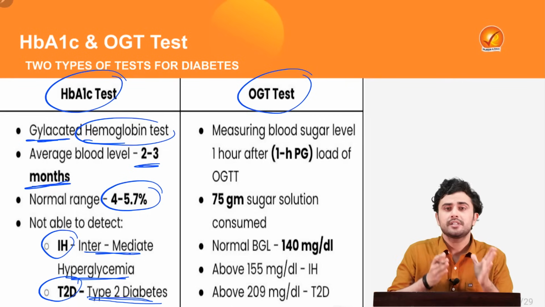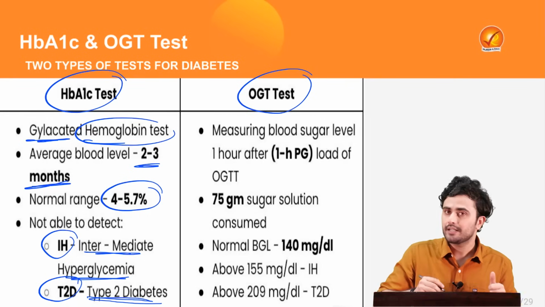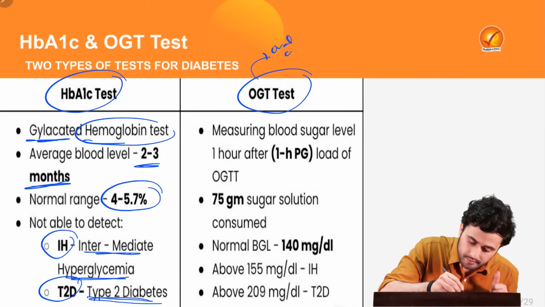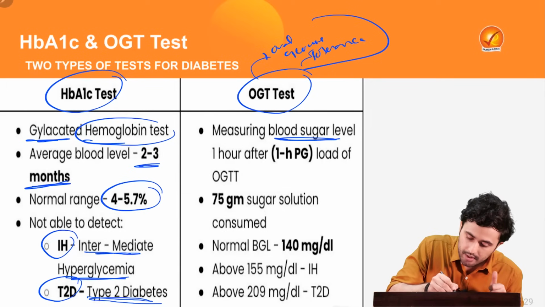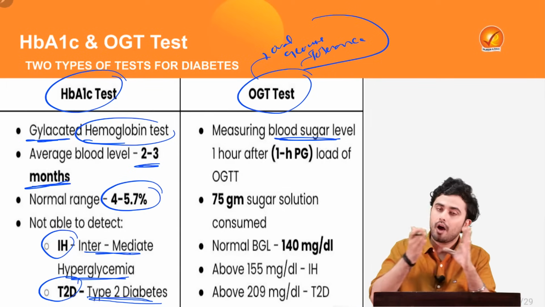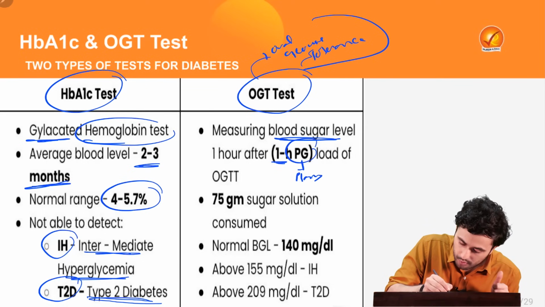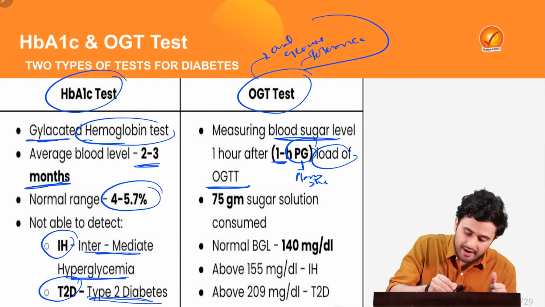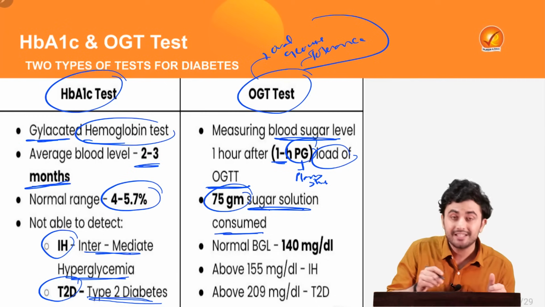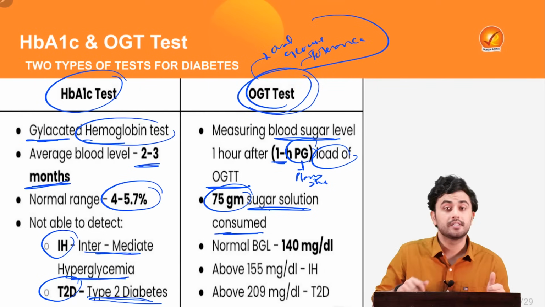Thus, the International Diabetes Federation has recommended adopting the OGT test, which is the oral glucose tolerance test, which measures the blood sugar level 1 hour after the PG, that is plasma glucose, load of OGTT, where a 75 gram sugar solution is consumed, and then after 1 hour this OGT test is done.